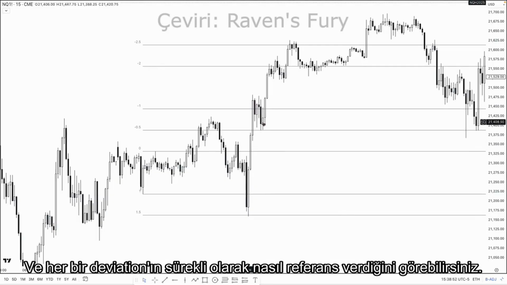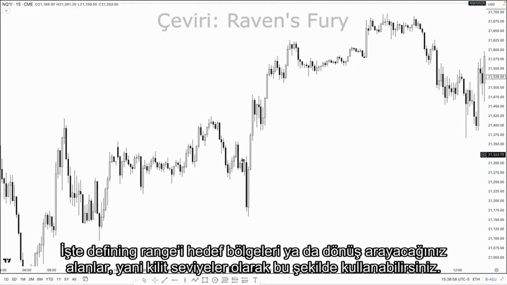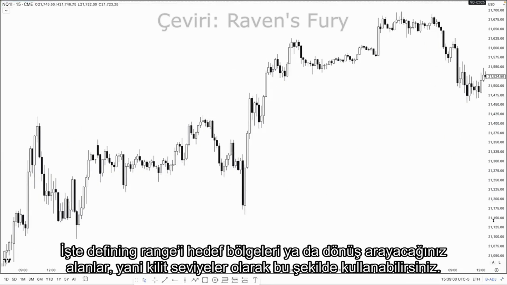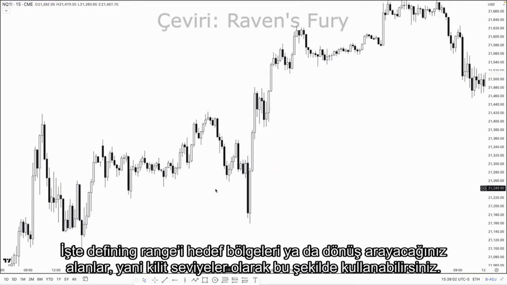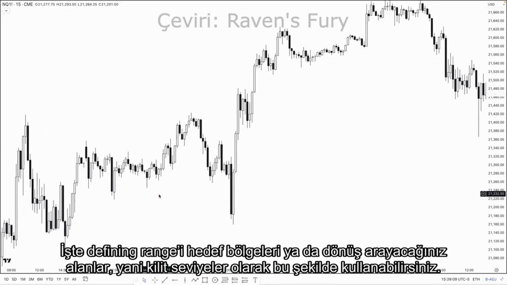And you can see how it constantly refers to each deviation. And this is how you can be using the defining range as areas to target or areas to look for reversals, your key levels.